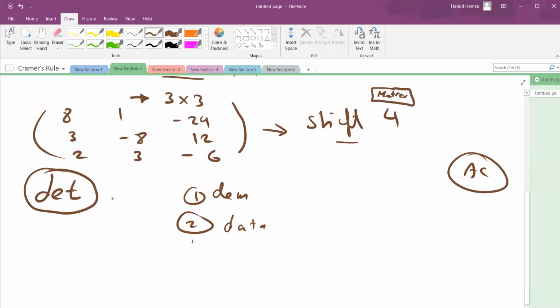Again, we wanted to find the determinant. This refers to the determinant. So tell me at what screen you got this one? Mister, I didn't get that at all.